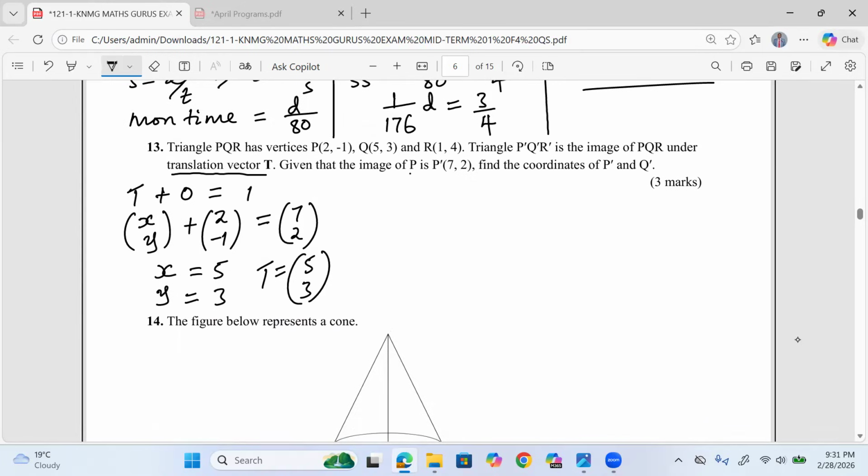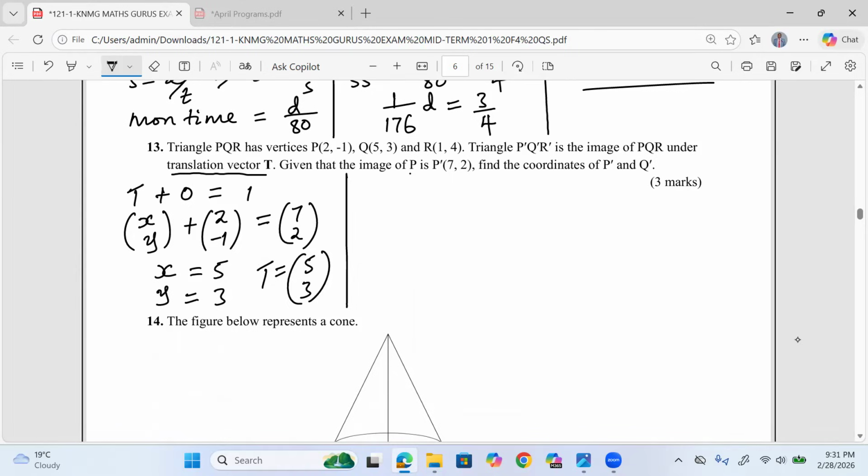Now, with the translation vector already established, let us talk about the coordinates of every other point.